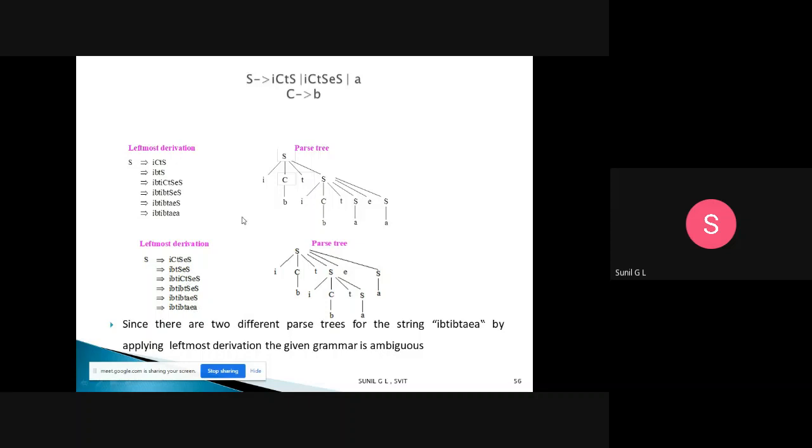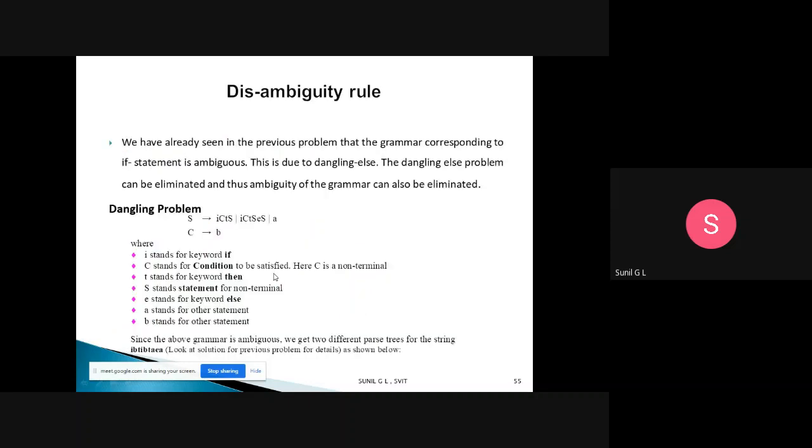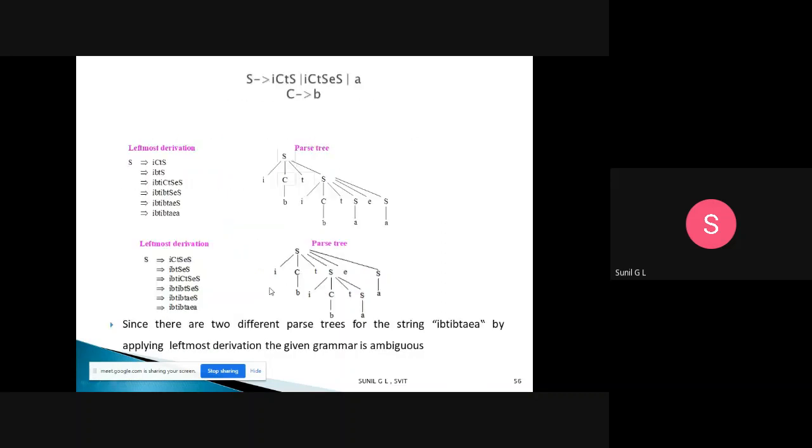For the second parse tree we use ICTSES again: if condition, then we have a statement, and in that statement, if condition b, then a, else a. This is the other parse tree.